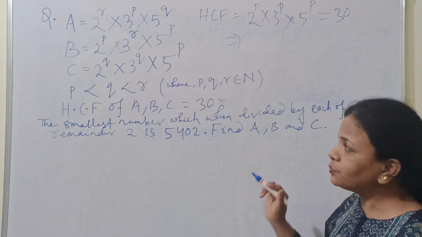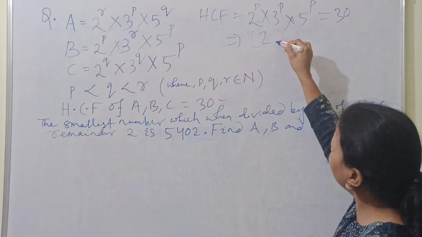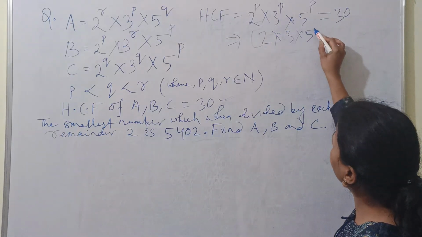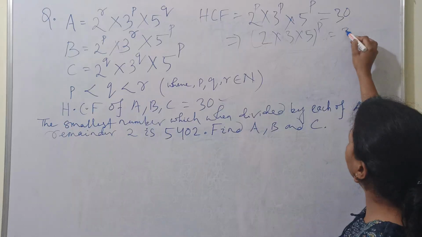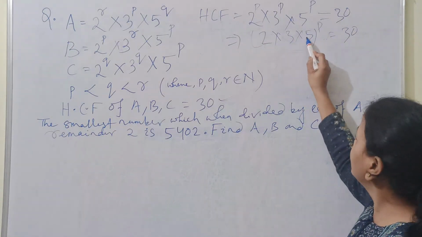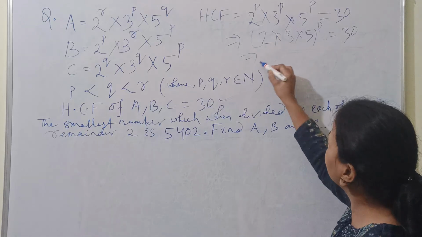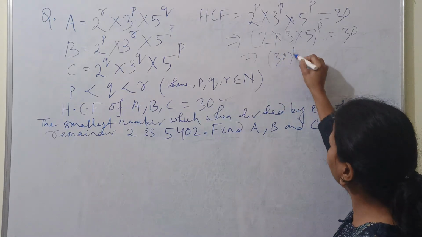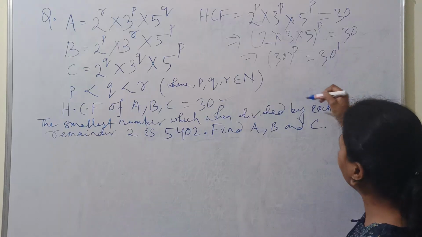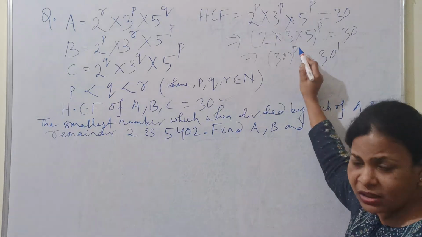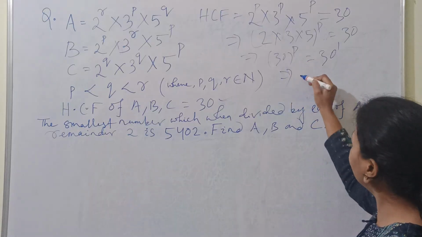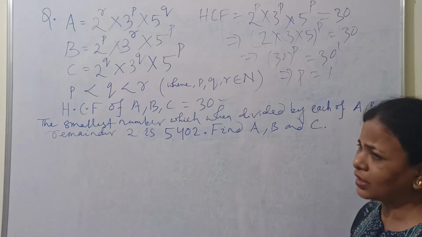Applying the exponent law, we get (2 into 3 into 5) whole to the power p, and that is equal to 30. 2 threes are 6, 6 fives are 30. So 30 to the power p equals 30, and 30 means 30 to the power 1. So 30 to the power p equals 30 to the power 1. From this it is very clear that the value of p is equal to 1.